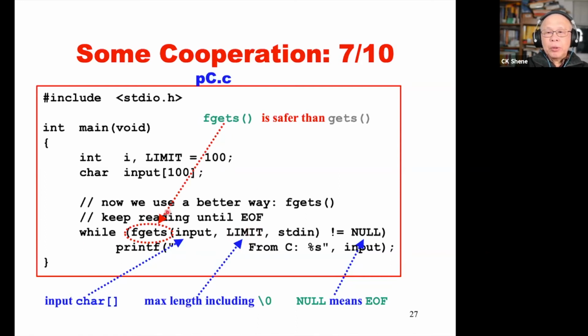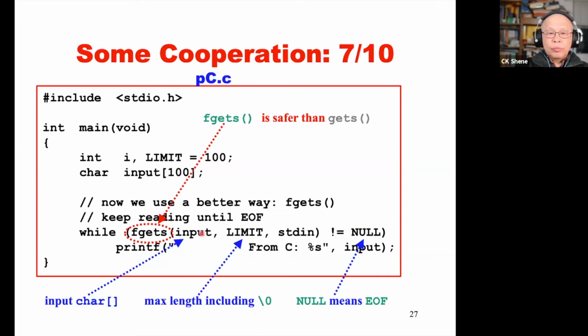fgets would return a value. If that value is not null, it means stdin still has something to be read, and that thing was read in and stored in input. And if fgets returns null, that means end of the file has been reached. Nothing can be read.